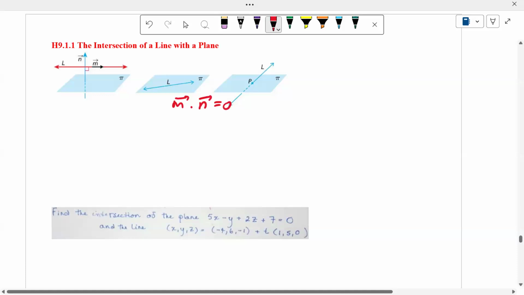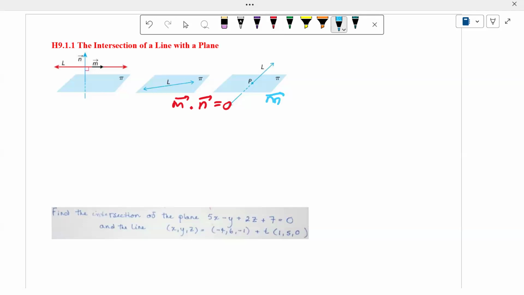That means the direction vector and normal vector, the dot product of it is 0. That means M is perpendicular to N. In other words, if you look at the first one, you can see that M is perpendicular to N.